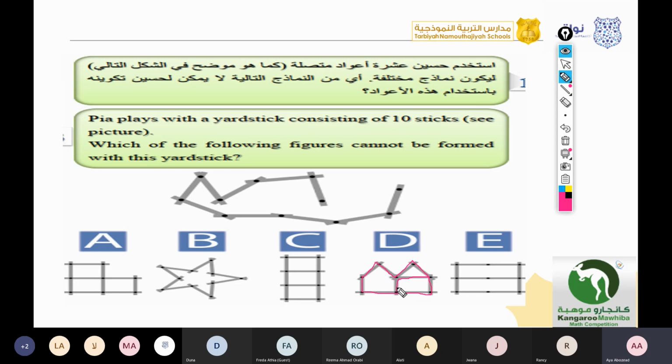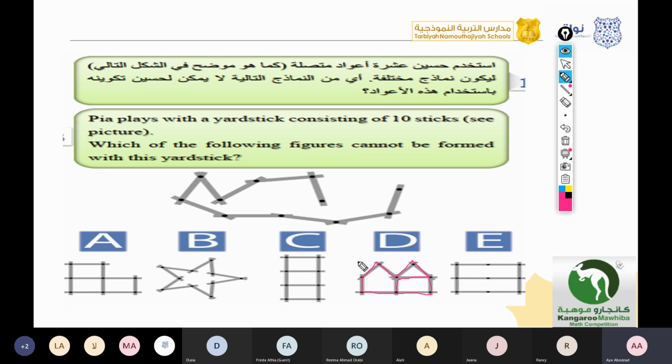So you can do D. You understand why it's not D, Donna? Okay, teacher. So it's 10 and you can do.